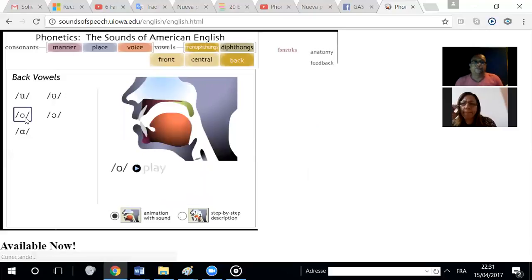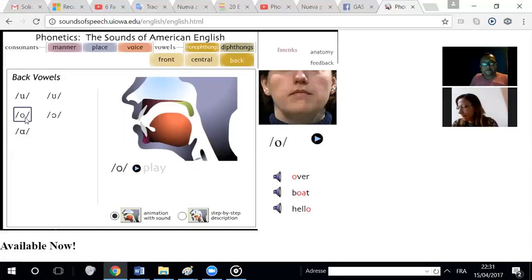Pay attention to this. The difference here is the position of the mouth, your lips. This is a sound that is free.